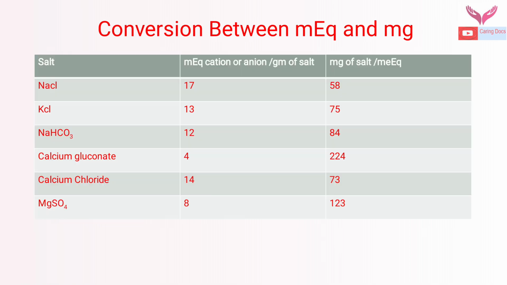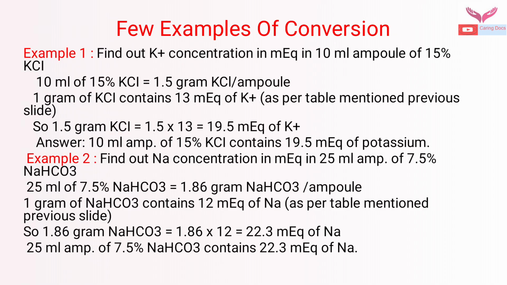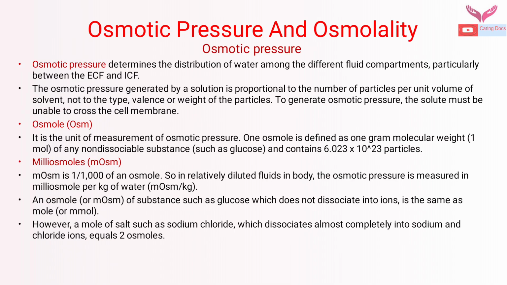Let us see in the previous table, sodium bicarbonate has 12 milliequivalent. So we apply this here. We get 1.86 gram of sodium bicarbonate is equal to 1.86 times 12, which is 22.3 milliequivalent of sodium. So a 25 ml ampule of 7.5% sodium bicarbonate will contain 22.3 milliequivalent of sodium.